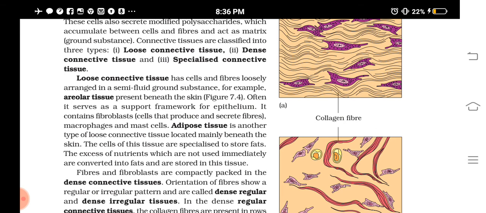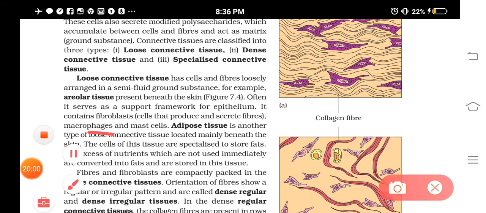Macrophages and mast cells, and then fibroblasts. These are the cells of areolar tissue. Areolar tissue is a kind of loose connective tissue. Loose connective tissue means the matrix is semi-fluid. In that, cells and fibers are arranged loosely.